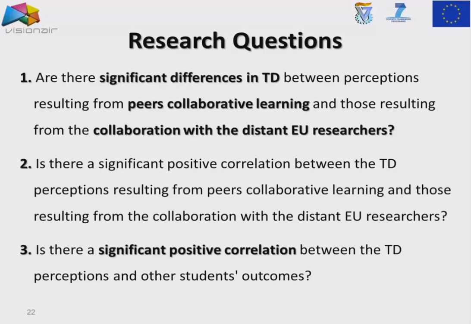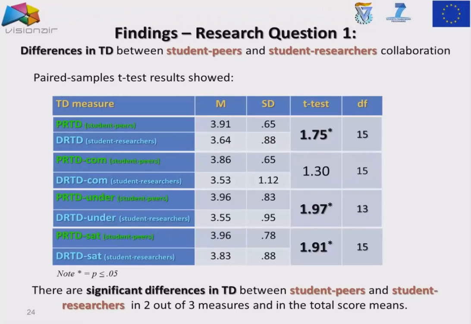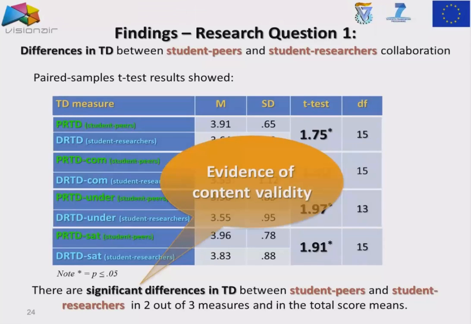And the third question deals with the correlation with other students' outcomes. So as you can see, the first research question deals with differences between the transactional distance with the peers and the transactional distance with the distant researchers, and you can see that we did find significant differences between those 2 types of transactional distance as we hypothesized, which indicates evidence of content validity, as we hypothesized the rigid one versus the flexible one.